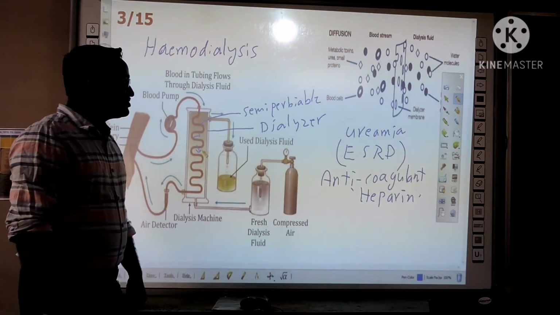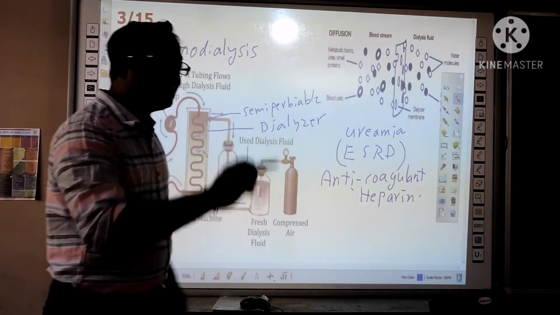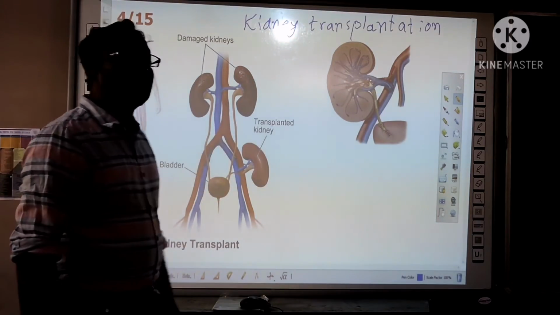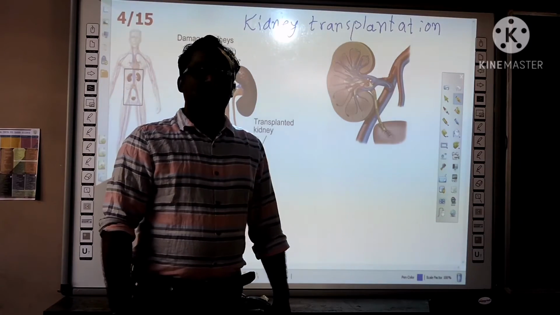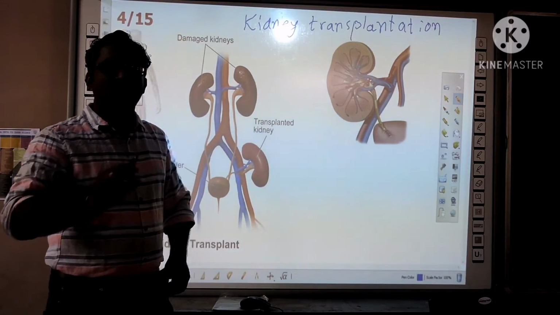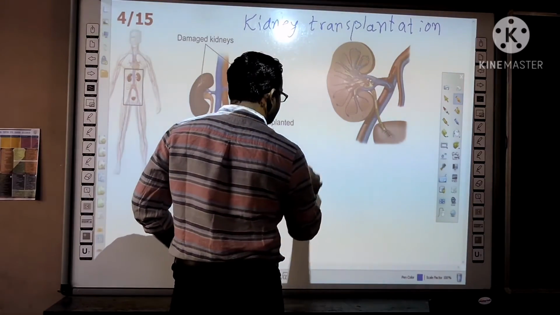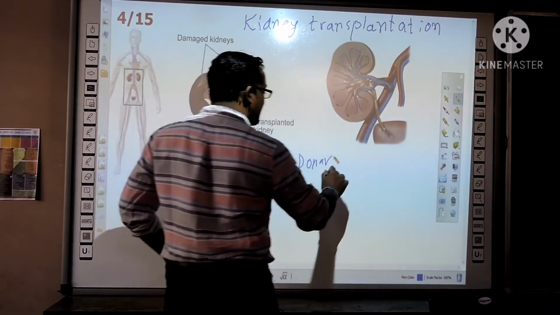So what happens if the kidney has completely failed? As I said, kidney transplantation is one technique. Have you listened to this? For kidney transplantation, there should be a donor. Here the patient is called the recipient, and the person who donates the kidney is called the donor.